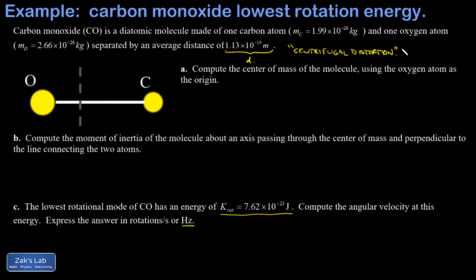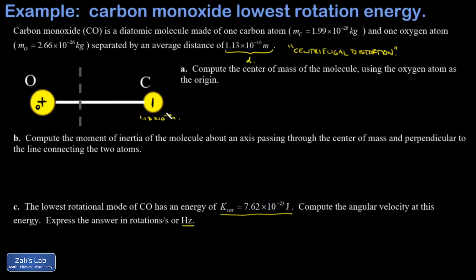In part A, I'm asked for the center of mass of the molecule using the oxygen atom as the origin. So let's go ahead and put a little origin on the oxygen atom. There it is, and that means the x value of that oxygen atom is 0. And if I look at my carbon atom, my x value there is going to be 1.13 times 10 to the negative 10 meters.